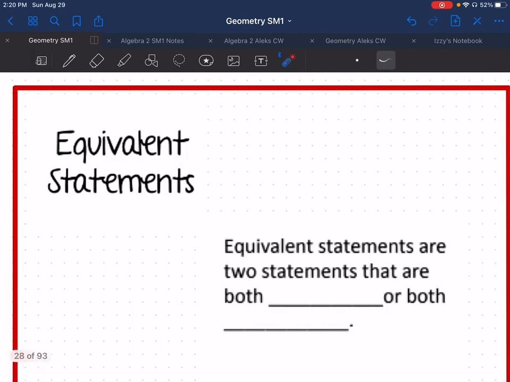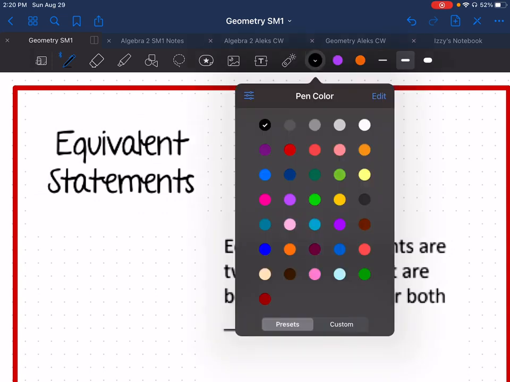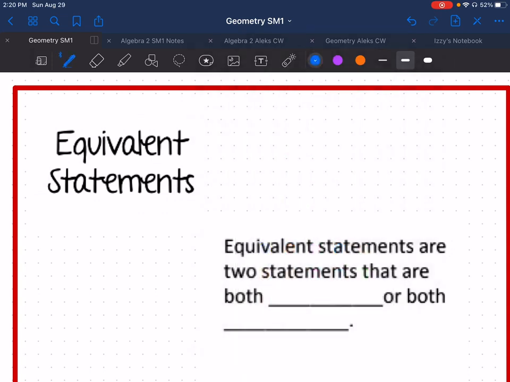All right. The last thing I want to talk to you guys about, vocabulary wise, are equivalent statements. Whew, what a tongue twister. Equivalent statements are two statements that are both true or both false. Okay, you can't have one of them true and one of them false.